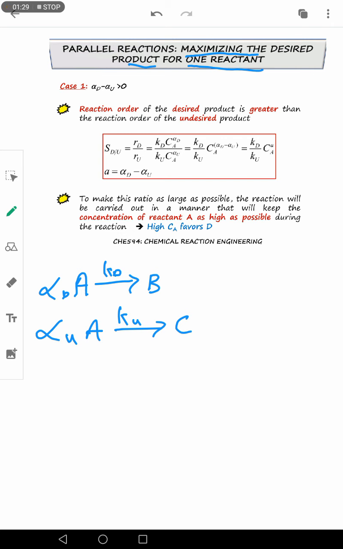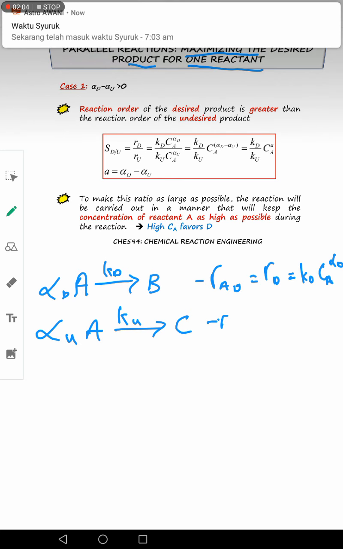Therefore, the reaction rate for the desired reaction, with respect to reactant A, is negative Ra. But if it is based on product, let's say Rd, this is the same as Kd Ca alpha D. We assume that this is an elementary reaction.